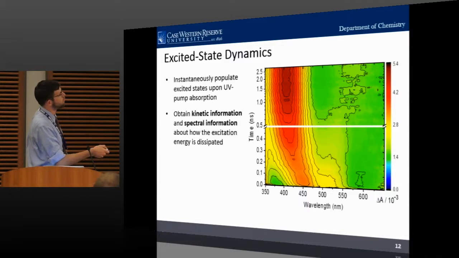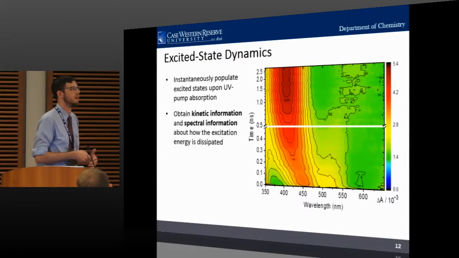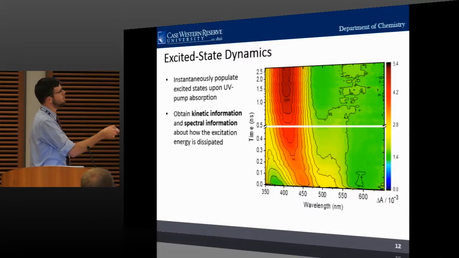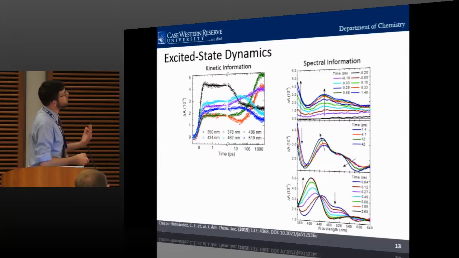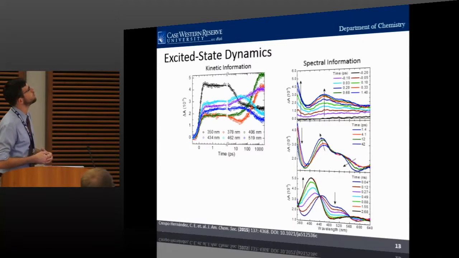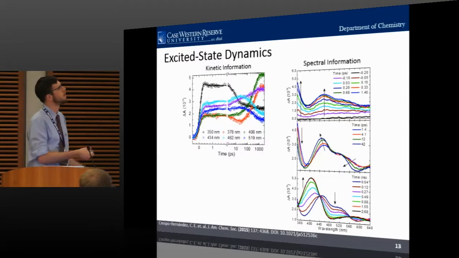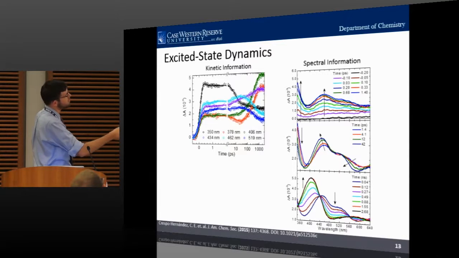And from this type of contour plot, we can extract kinetic information and also spectral information by looking at either slices in the wavelength regime or slices in time. So these are examples taken from that contour plot of the type of kinetic information we get in traces, or spectral information that we can see.